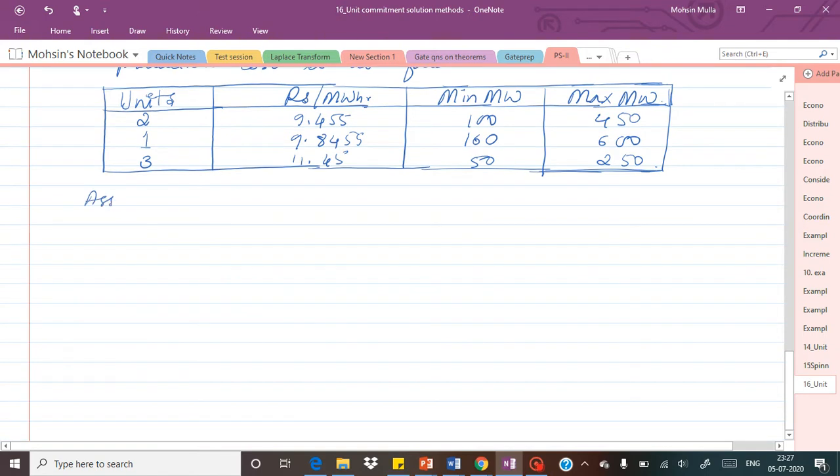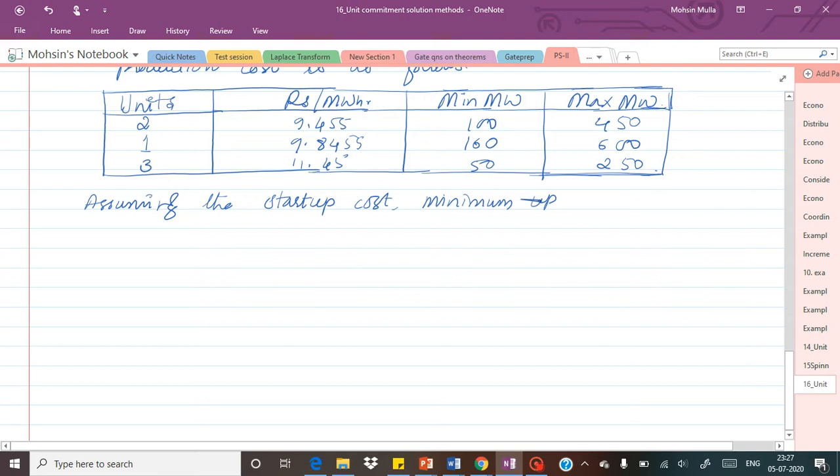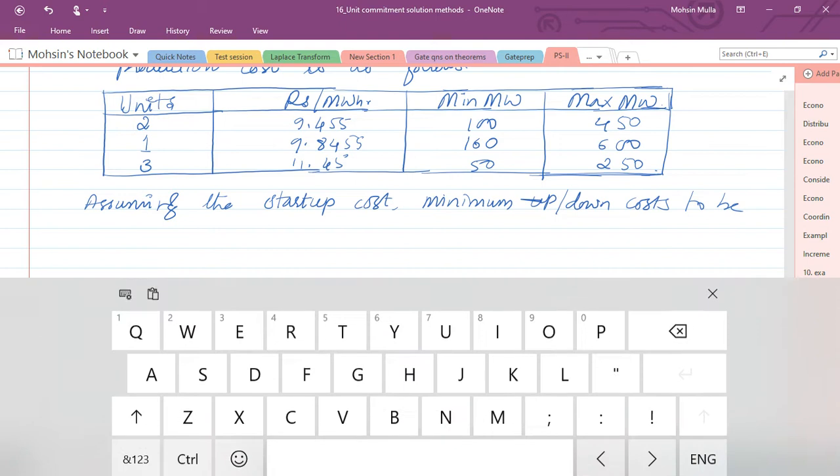Also here we need to assume the startup cost and the minimum up or down cost to be negligible.